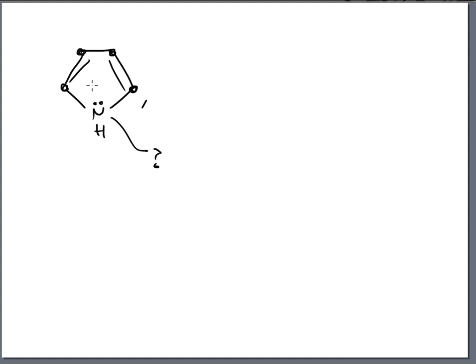Okay, so does that nitrogen meet the definition of an aromatic? This is how you determine the answer. Does it have a free set of electrons that it can donate to participate in the delocalization of the system? And the answer is yes, it does.